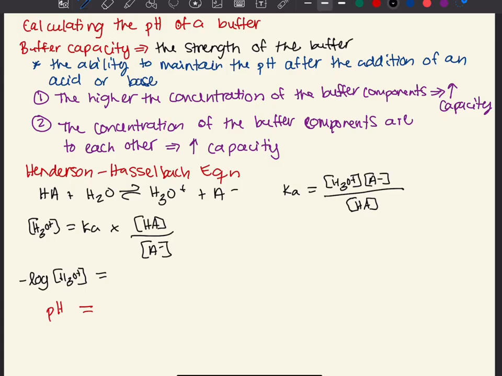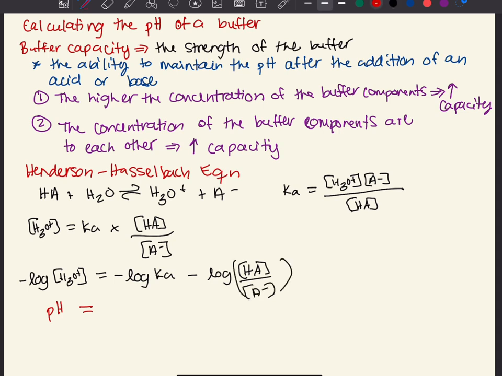And we will get the negative log of Ka minus the log of my acid over my conjugate base.